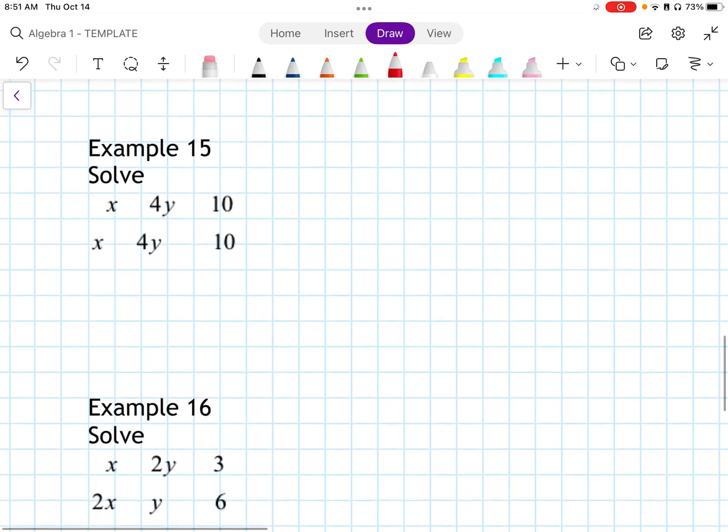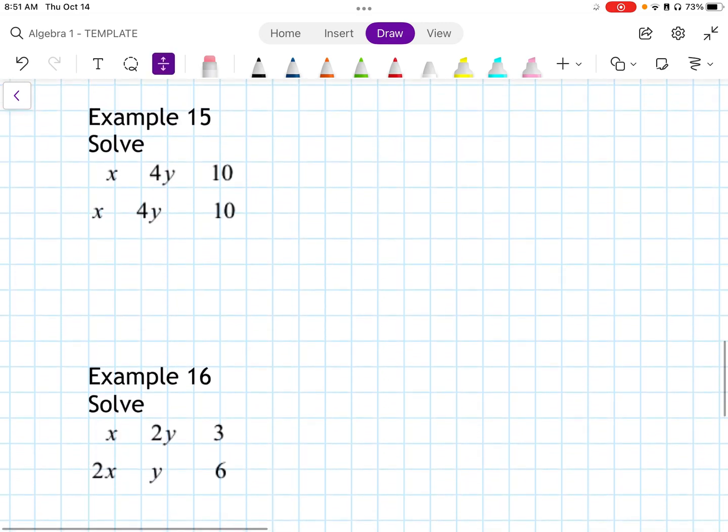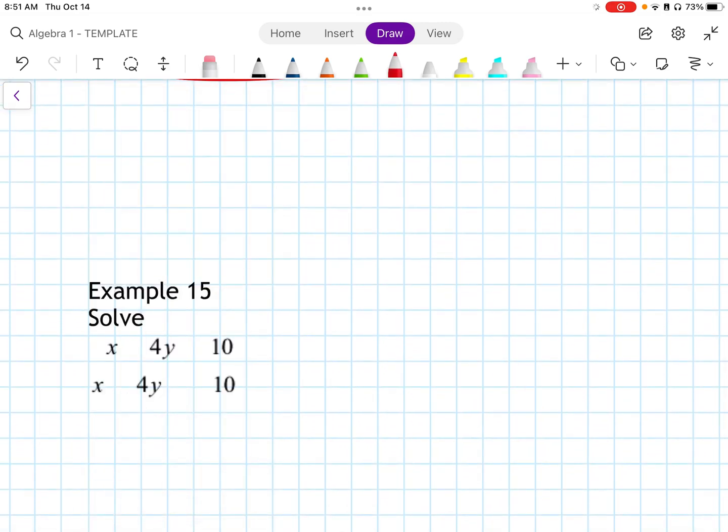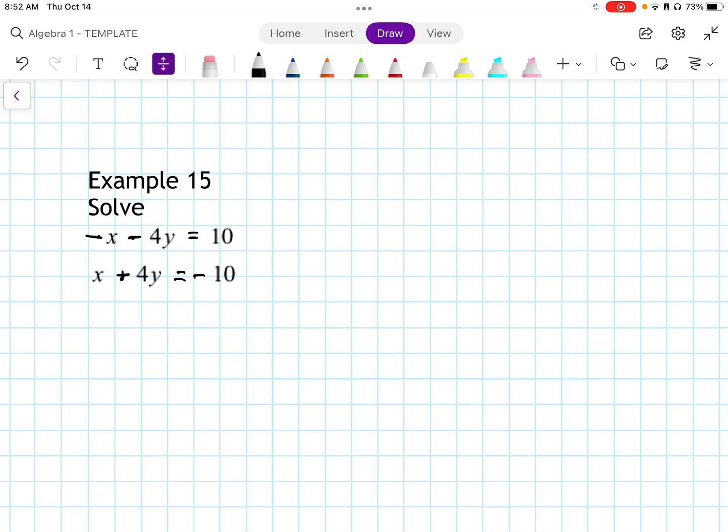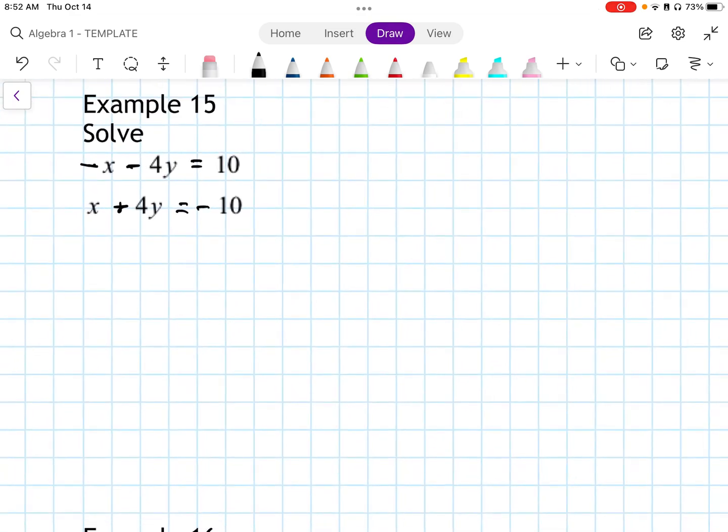Let's look at the next one, example 15. This one should be negative x minus 4y equals 10, and x plus 4y equals negative 10. Now, well, we could eliminate these, right?